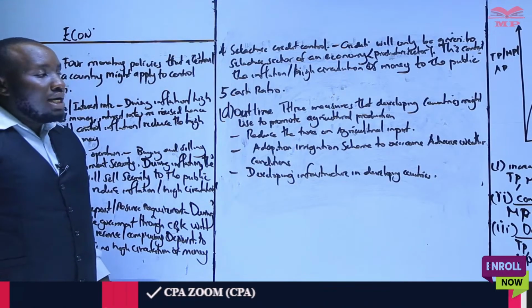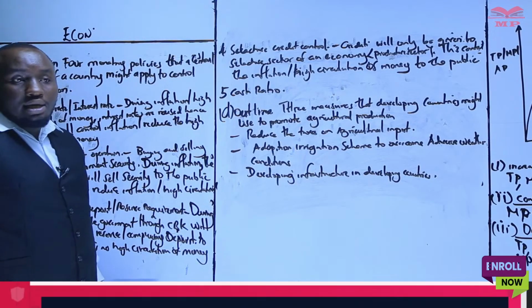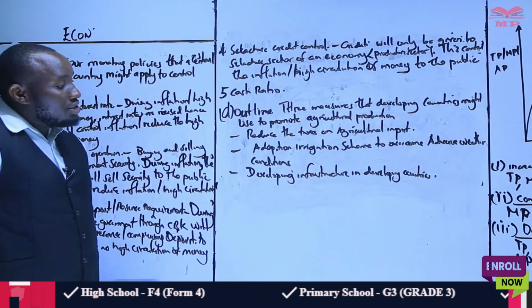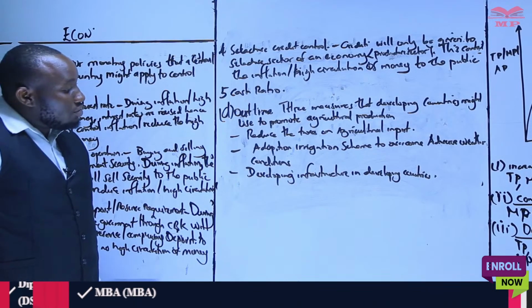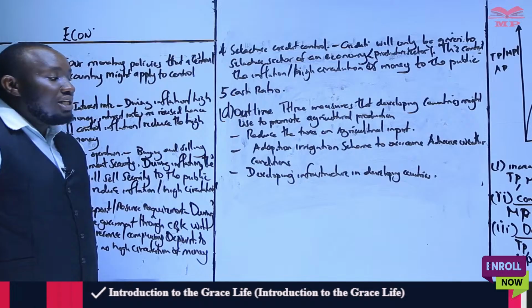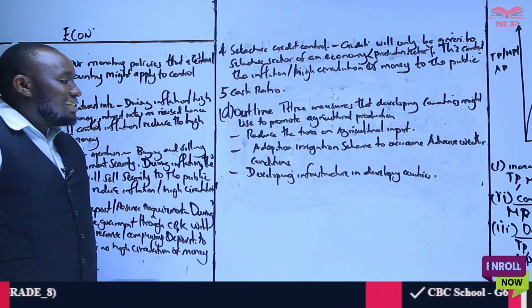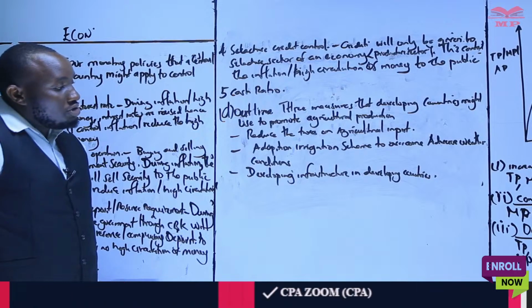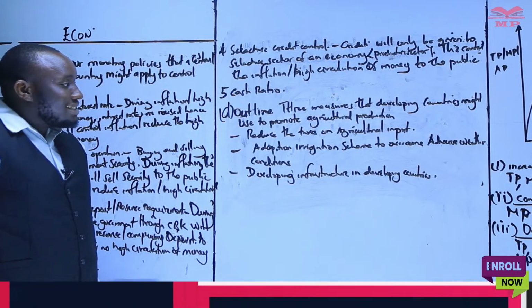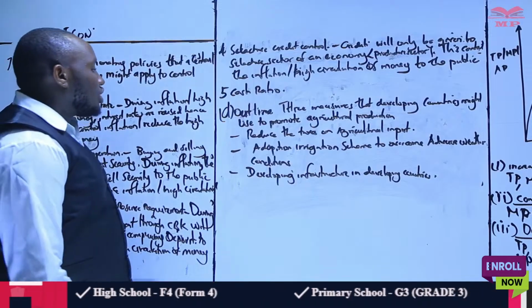Some of the challenges, and why we have not spurred agricultural production in developing countries, are because of infrastructure. You find the roads, particularly from the industry to the markets, are very poor. So there are delays in exportation. When you develop infrastructure, that in turn promotes agricultural production.